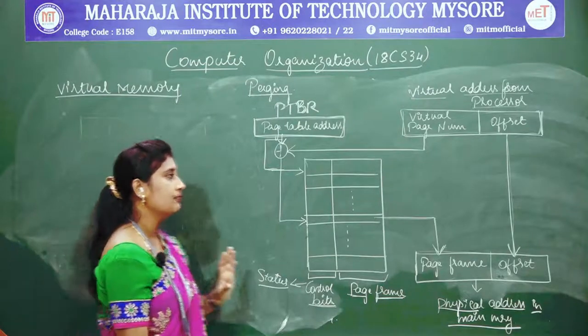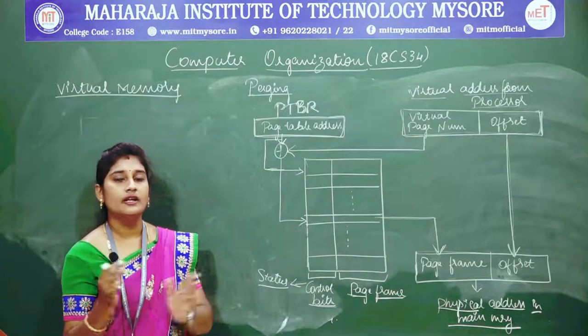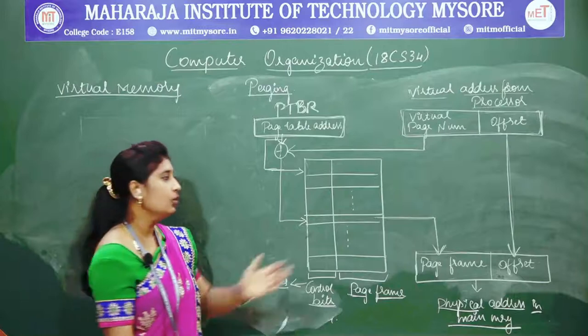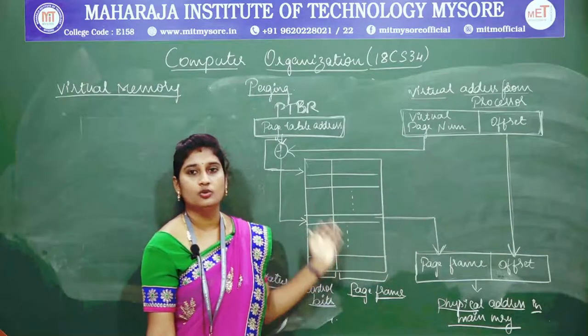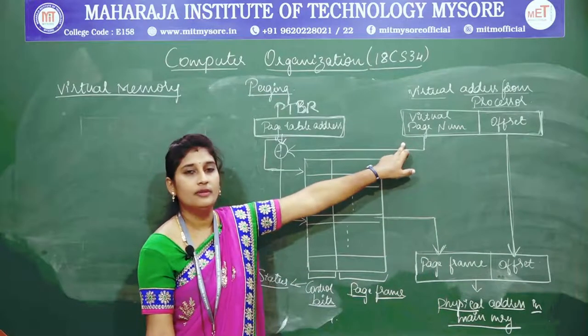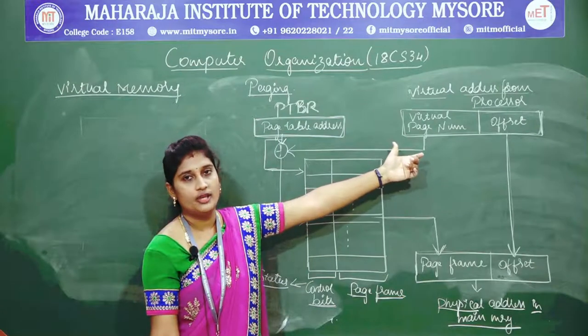So instead of having blocks of data, you divide the data into fixed-length pages, and you move those pages into your main memory location. The address is divided into two fields, your offset field and your virtual page number.